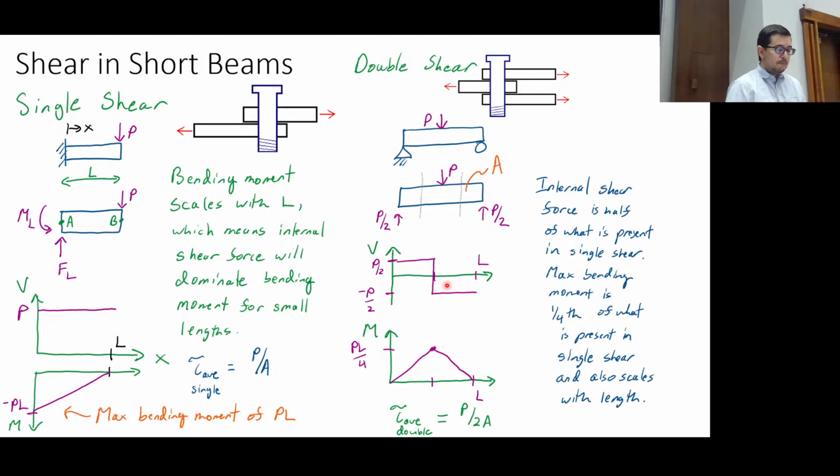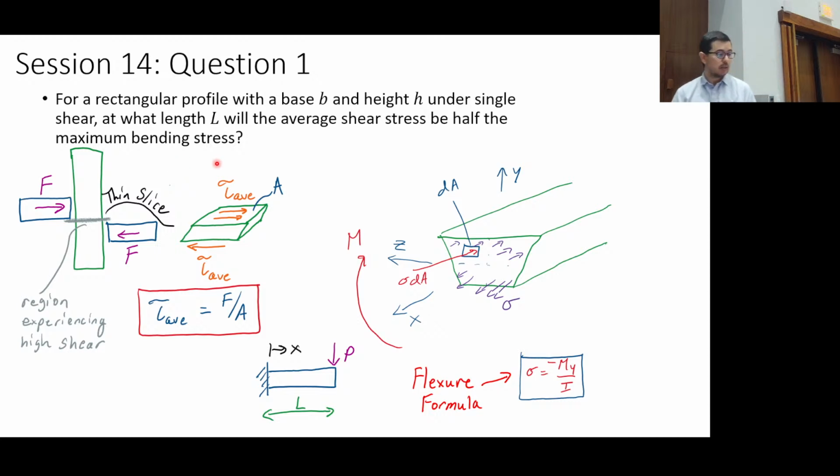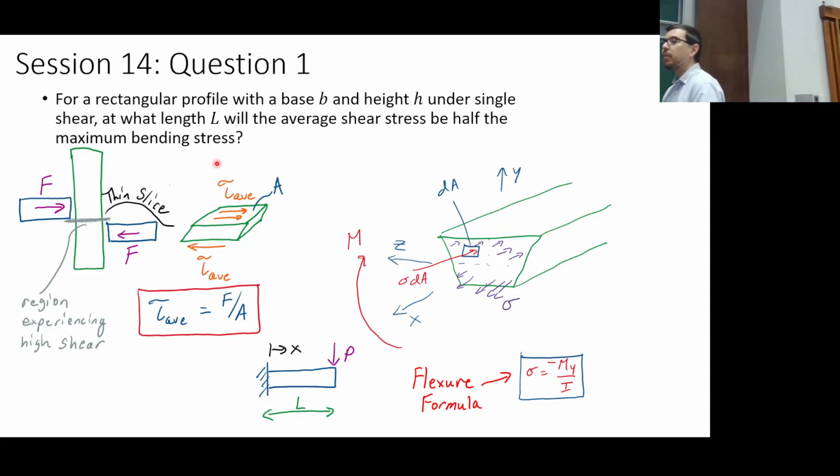So the first question that we have, and I can post a video on how to do this later so that we can get through theoretical material and concepts today, is to show when the average shear stress will be half the maximum bending stress.